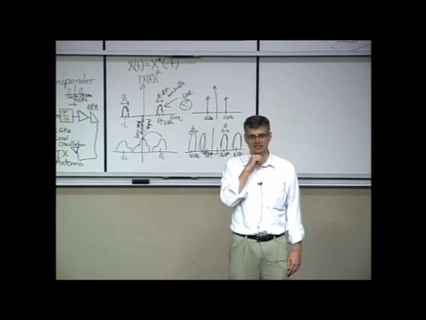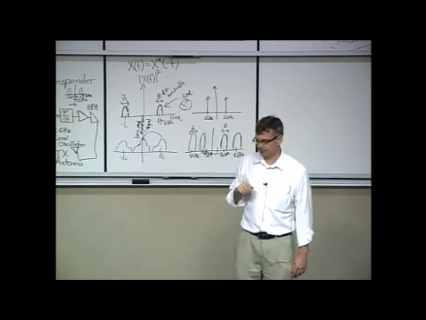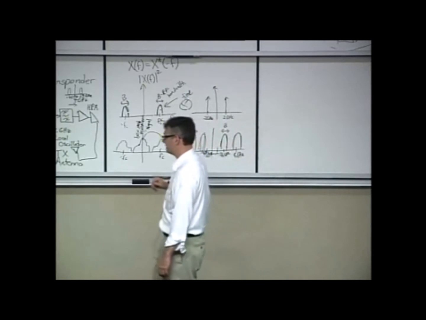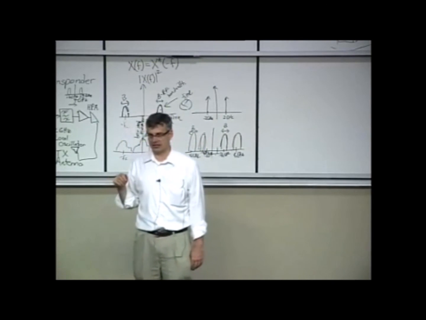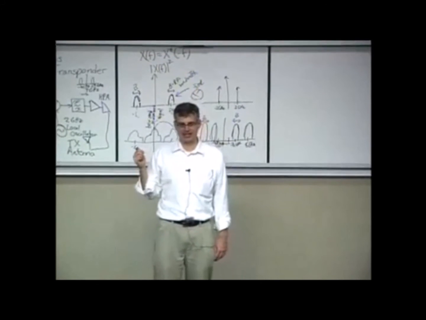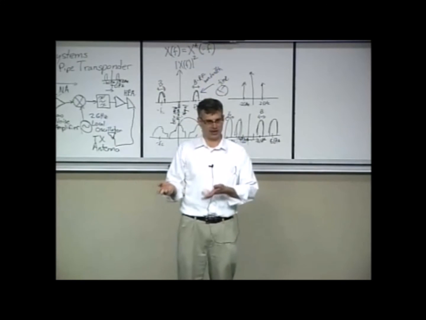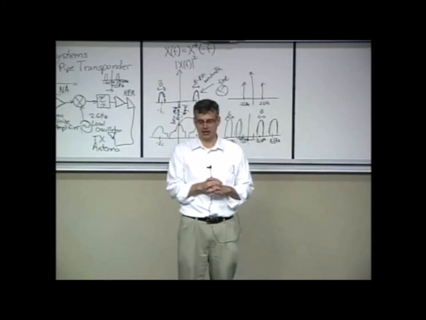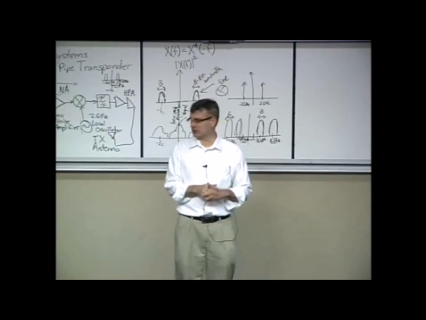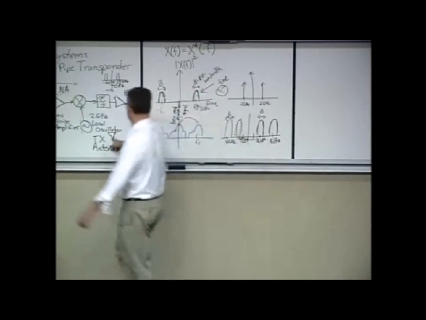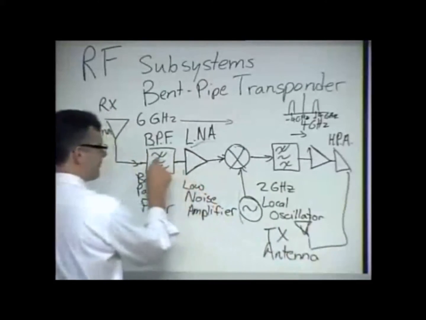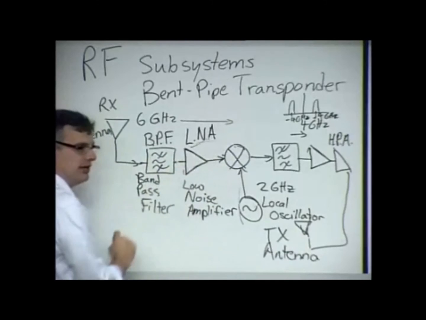Well, in classic telecommunications terms, this is considered a non-regenerative repeater. It just takes the raw signal, amplifies it, and spits it back out. The signal to noise ratio, even at the output, will never be any better than at the weakest point in the RF chain.